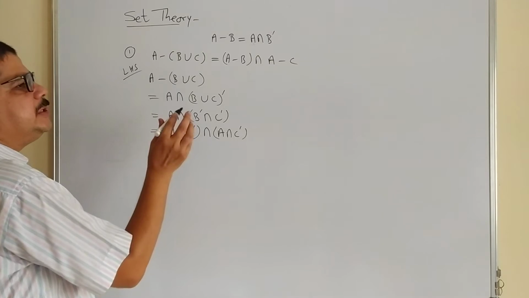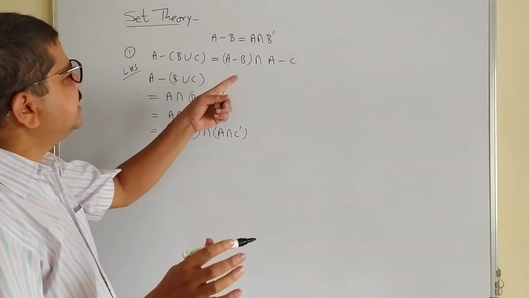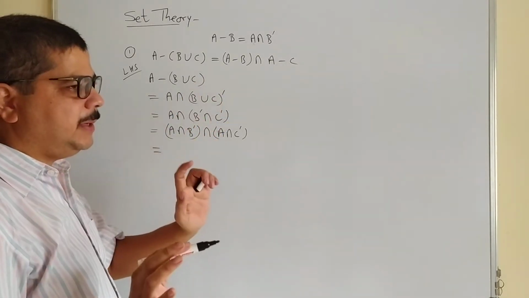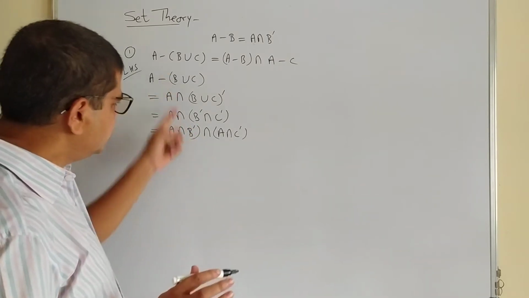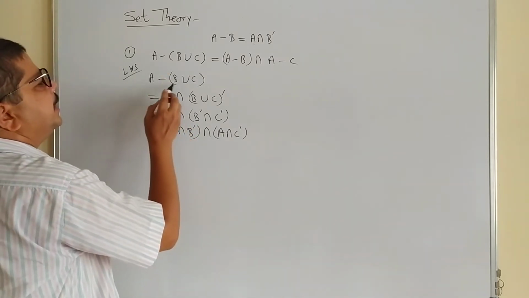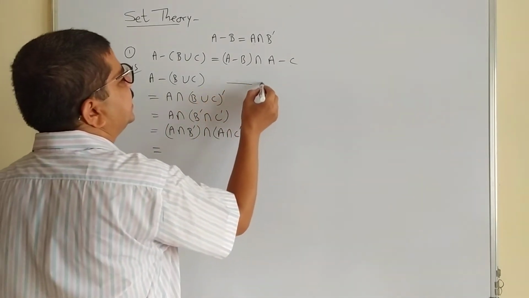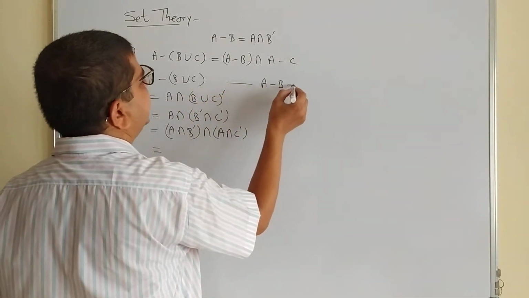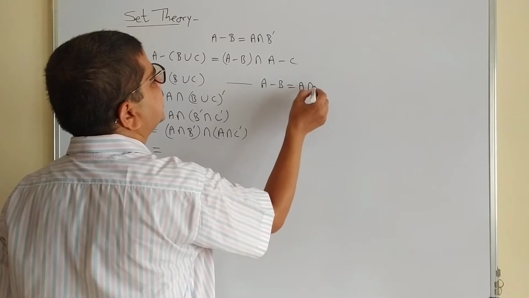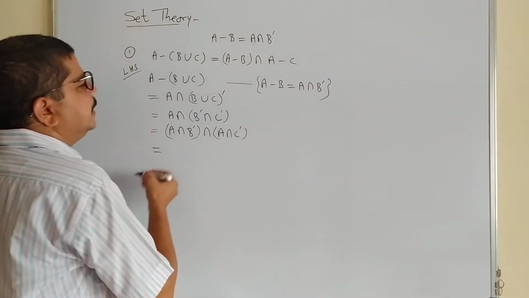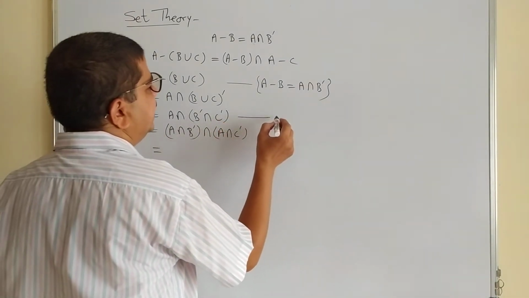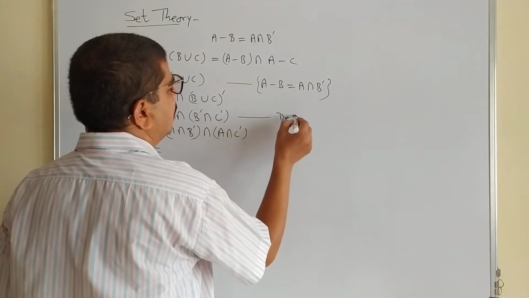So the identity which you are using, that you mention at that particular step, it will be more graceful for your solution. Like I have written this, तो यहाँ पर ये आप प्रॉपर्टी इस तरह से लिख दें, using identity A minus B is A intersection complement of B. यहाँ पर इसके बाद ब्रैकेट में लिख दें De Morgan's law.